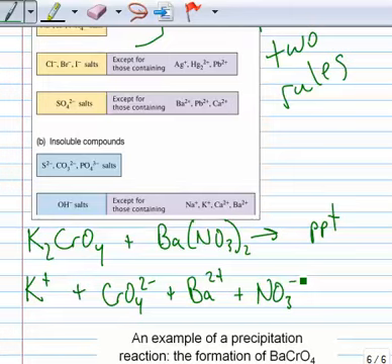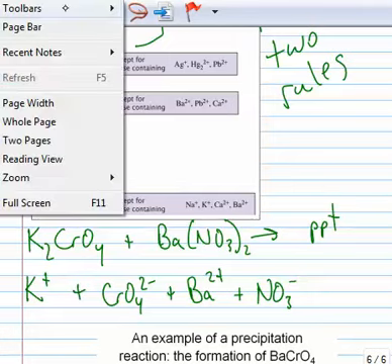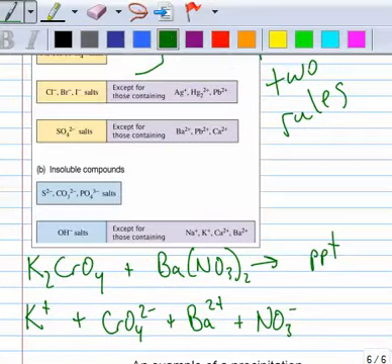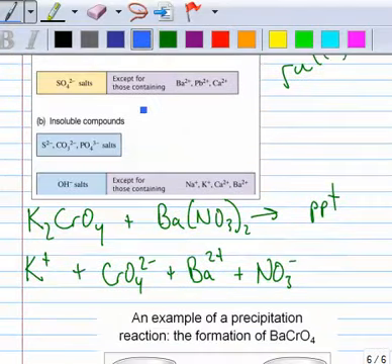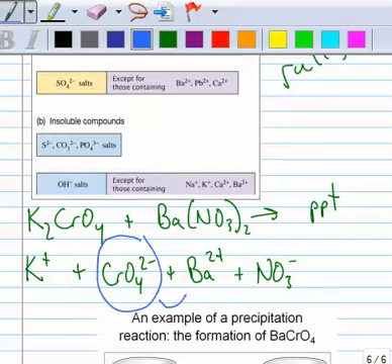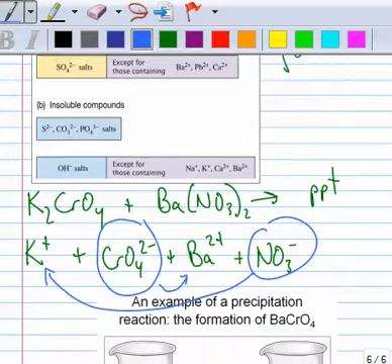Okay, and what we want to do now is imagine what compounds could form by swapping the anions. So we're going to take the chromate and form a compound with barium, and then we're going to take the nitrate and form a compound with potassium.